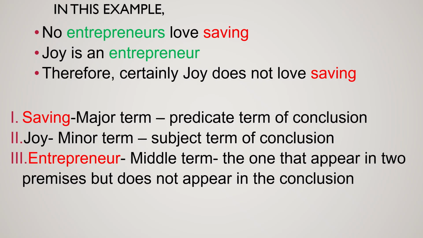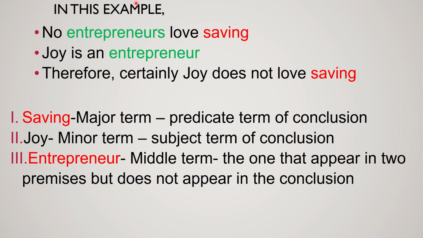This is all what we have discussed: no entrepreneur has saving, Joy is an entrepreneur, and therefore Joy does not have saving. We've identified the major term is the word saving, the minor term is the word Joy, and entrepreneur is the middle term, as it appears in 2 premises but does not appear in the conclusion.